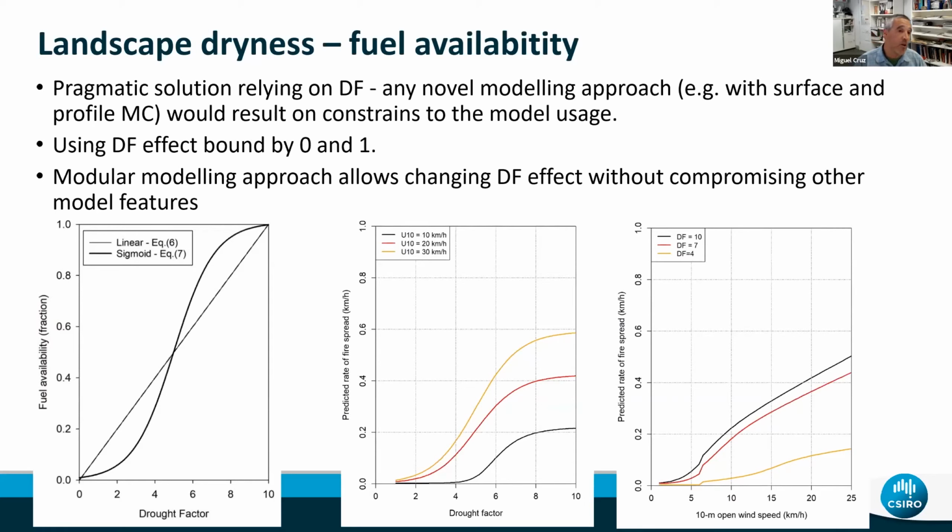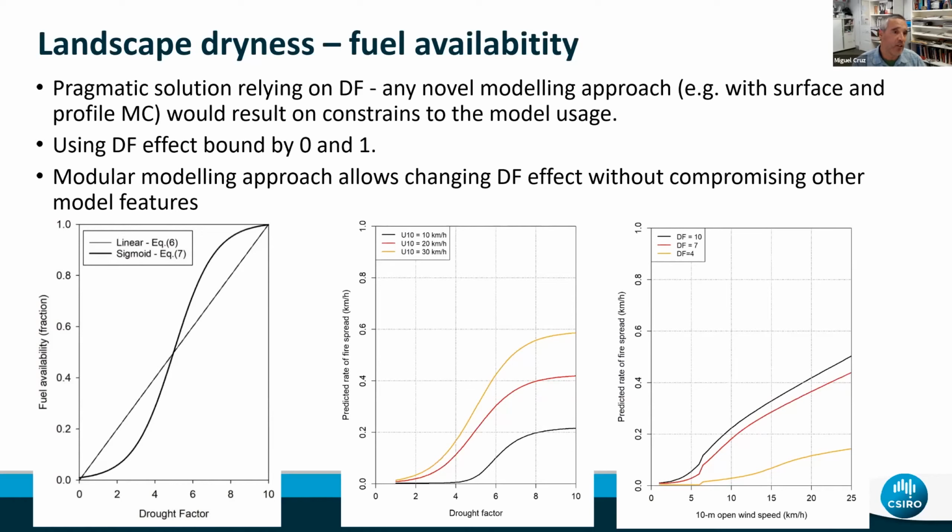That was the case of trying to use something like surface and profile moisture content, as used in the Red Book in WA, to determine fuel availability. If the profile moisture content is not available at the landscape scale, we could not use an approach such as that. So we went for a more pragmatic solution, relying on the drought factor.